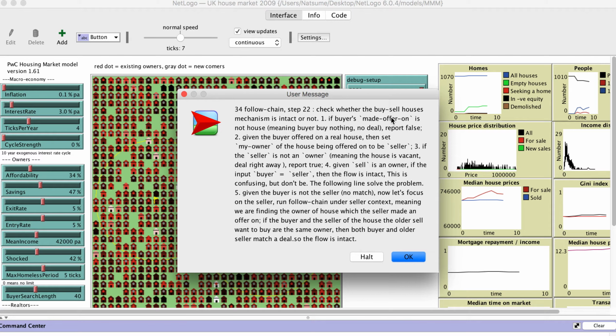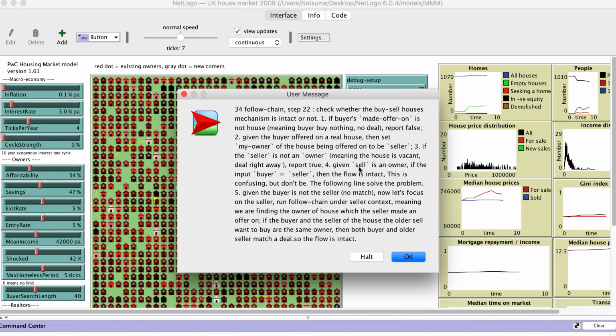The seller makes an offer to a house, okay? So the seller wants to buy a house. And this house has its own owner. And this owner is also called a seller. Well, let's call it a new seller, all right? So we ask, if this new seller is not an owner, then that's easy.